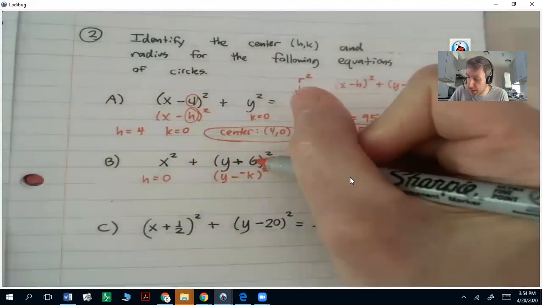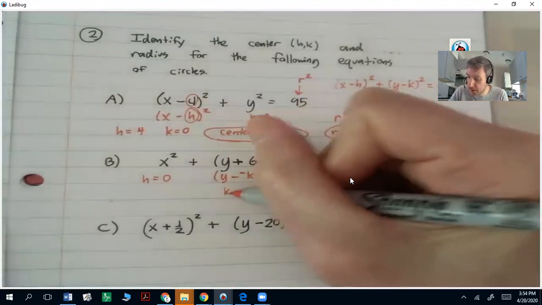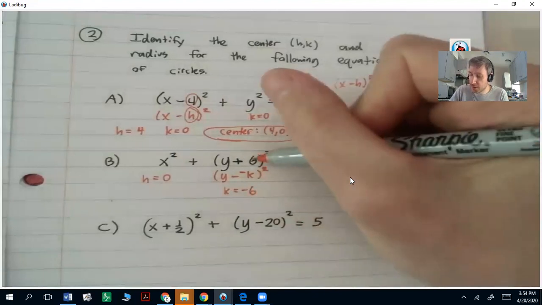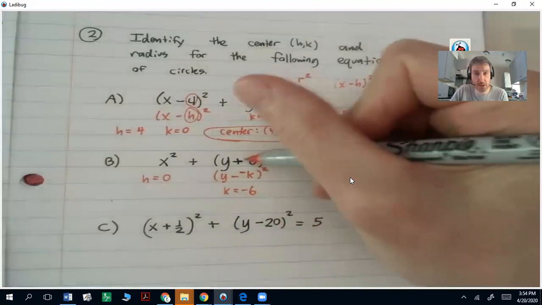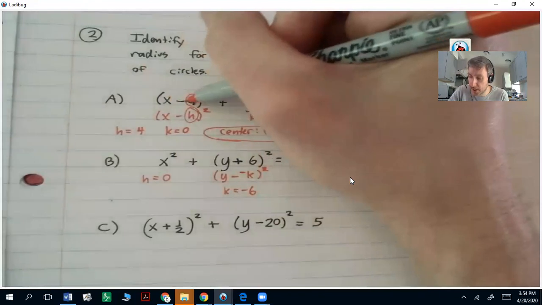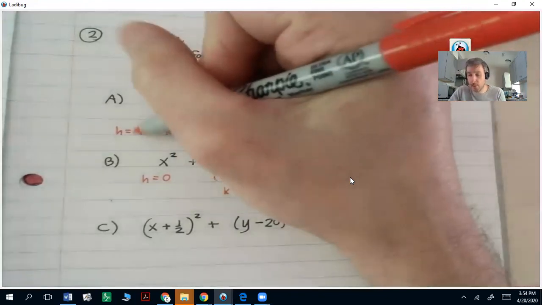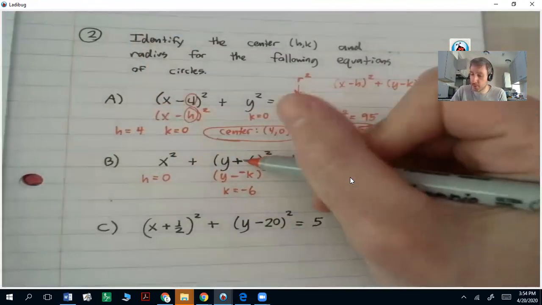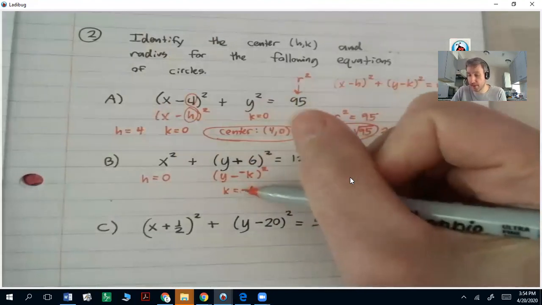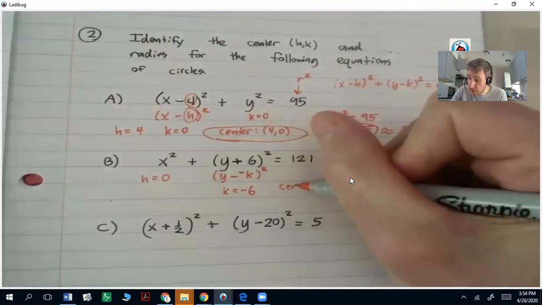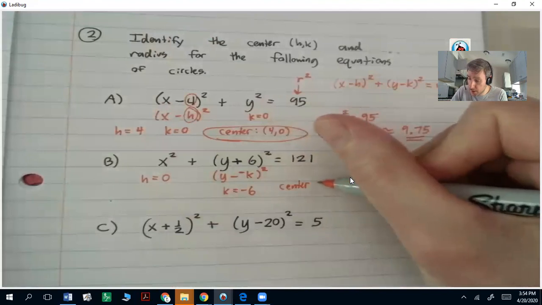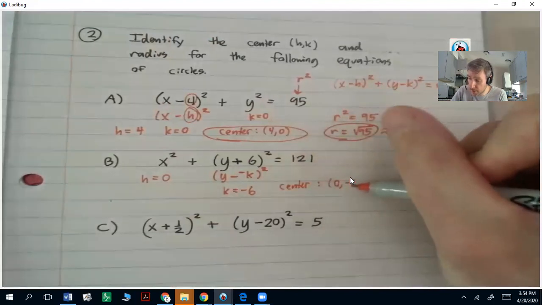So in this case, k is going to end up being -6. We always want to switch the sign of what's inside the parentheses. In the last case it was -4, and that number became 4. In this case, it's +6, and that number is going to become -6. So your center is going to be (0, -6).